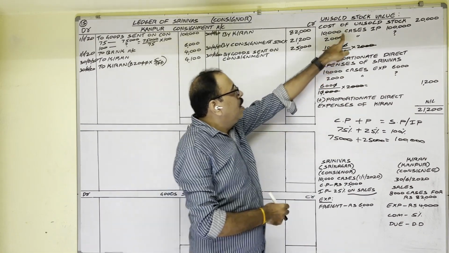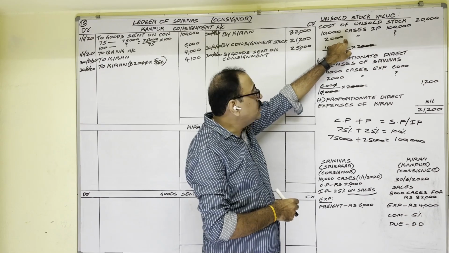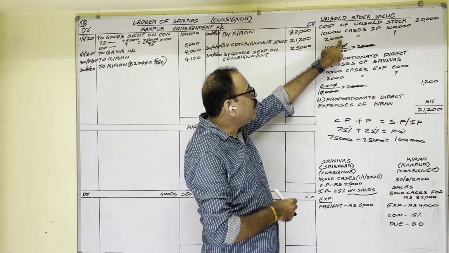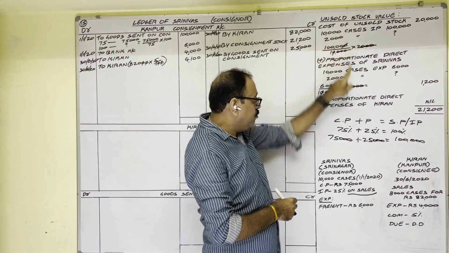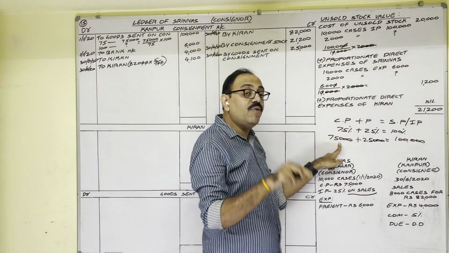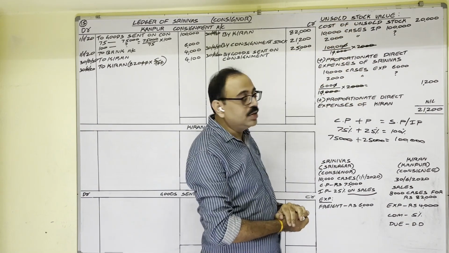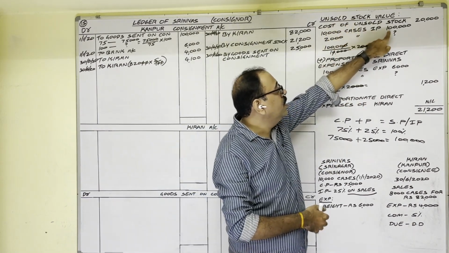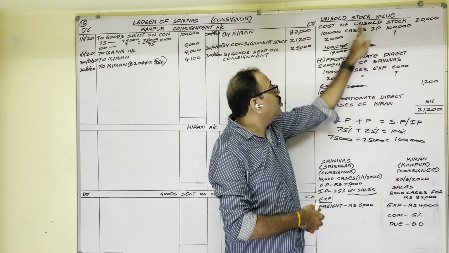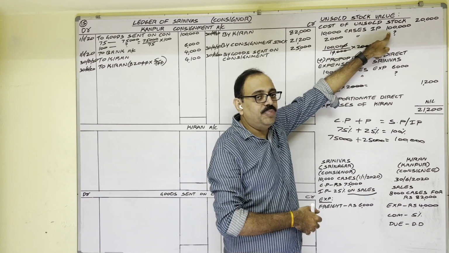See, 2,000 cases loading I want, because actually speaking 2,000 cases, by taking cost price 75,000, we should calculate the value of 2,000 cases. But if you observe this calculation, we are not taking cost price, no. So total goods invoice price we have taken 1 lakh rupees.